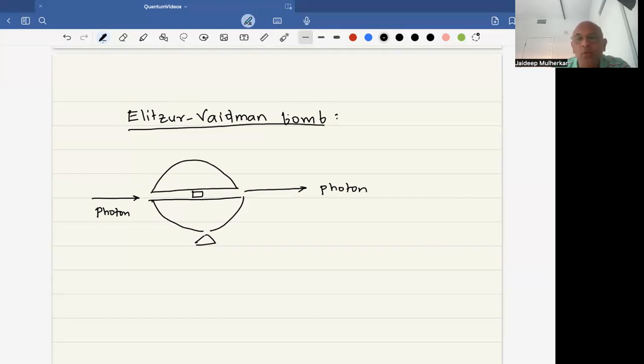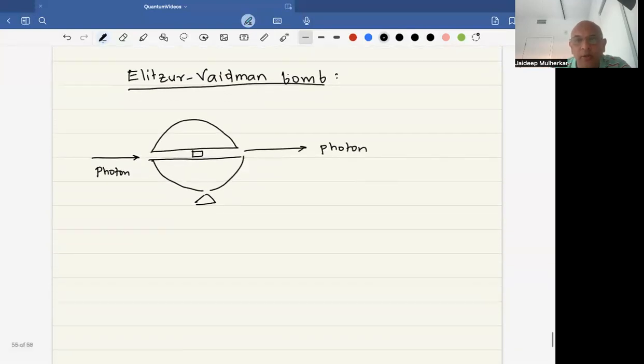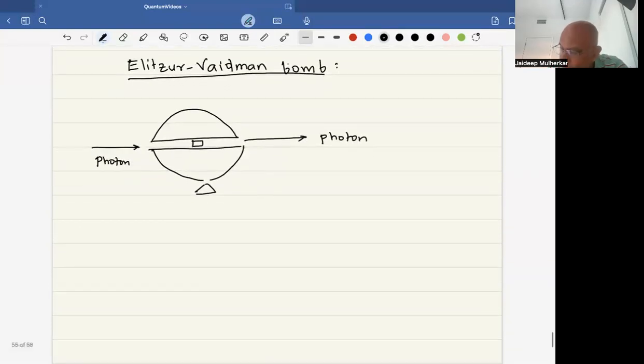Now, there is a way to test whether the bomb is working or not without exploding it by placing this bomb into the Mach-Zehnder interferometer. So, as you've learned before, the interferometer has some mirrors and beam splitters. So this is a mirror, this is a beam splitter over here, and this is a source.